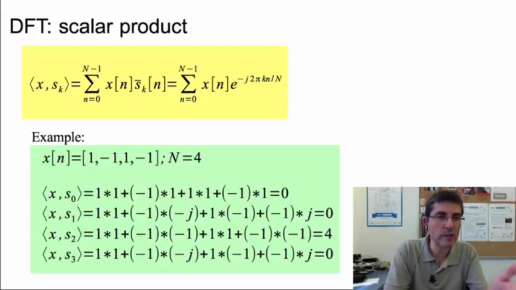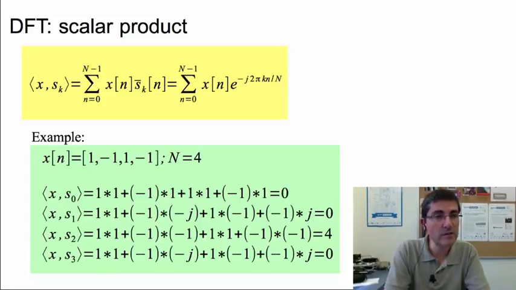So when we do the scalar product of x by S sub 0, the result will be 0. That will mean that this particular signal has no frequency 0, it is not present. And then if we change to S sub 1 and we do the scalar product, we get the same result, 0, which again means that this frequency is not present in this x signal.